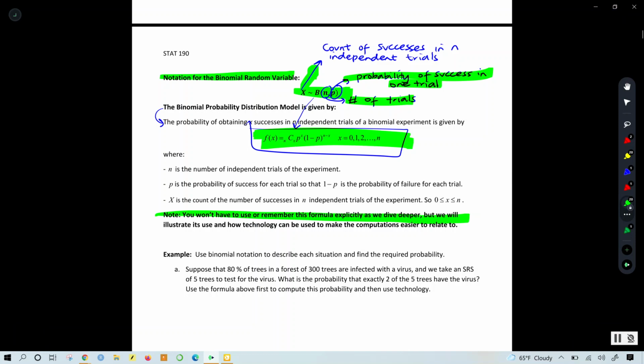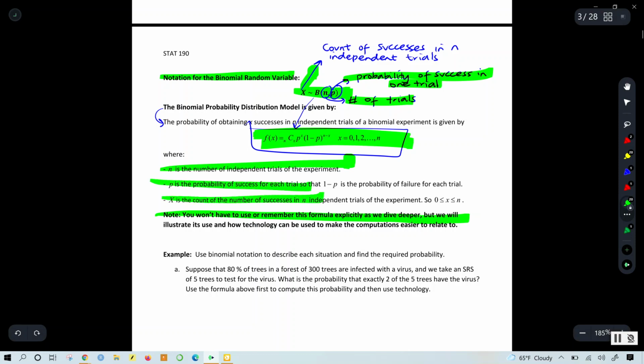But do not forget, n is the number of independent trials, p is the probability of success, and x is the count of successes in n independent trials. It is bounded above by n, that is, the number of successes in n trials can go from at least 0 to at most the number of trials.